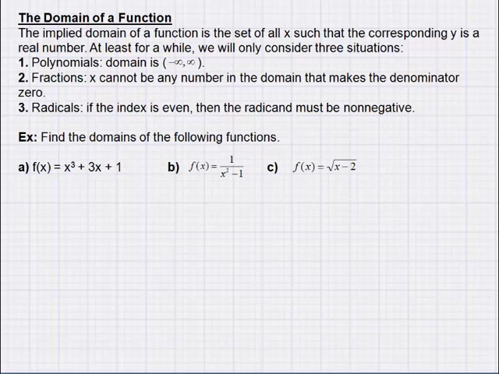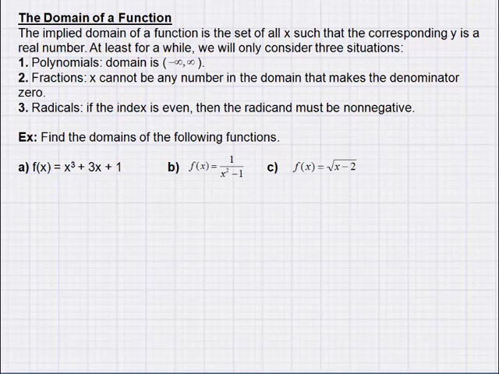Now we need to talk a little bit more about domain. We already said that domain is essentially the starting variable, x in most cases. But we need to talk more about domain in terms of, some domains are explicit, some are implicit. Some domains contain all real numbers, some domains don't.